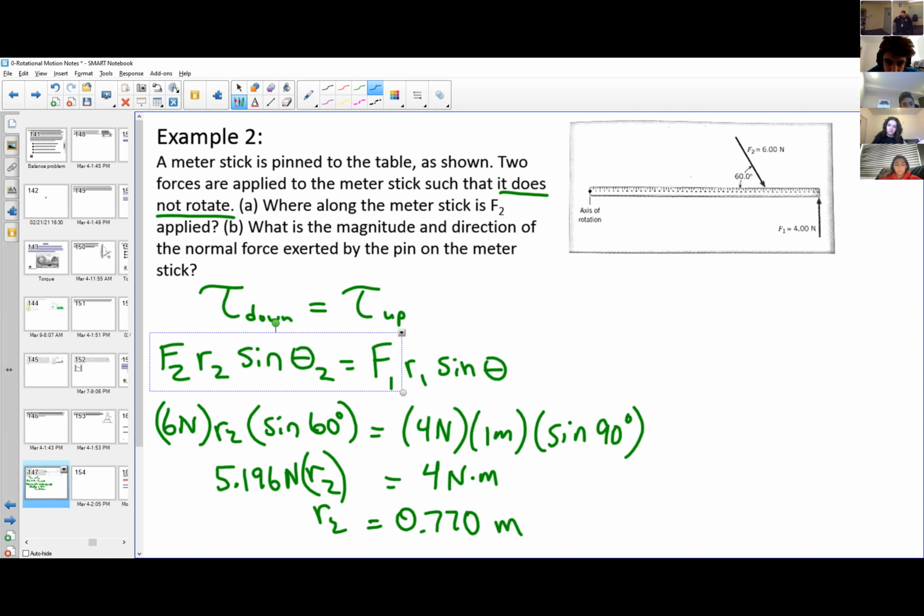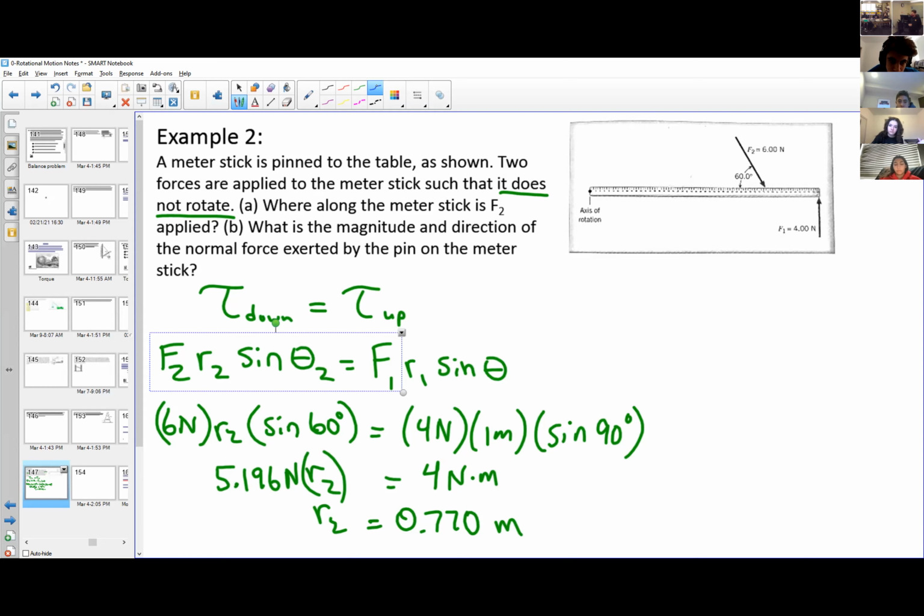Yeah, Ethan? You can do it almost the same as the first problem. You can set it up as a torque equation. So F2 is your pivot point, and F1 and the normal force are going to be two different forces that are going to become torques. To balance it on the pivot point of F2, the normal force is going to have to go up.